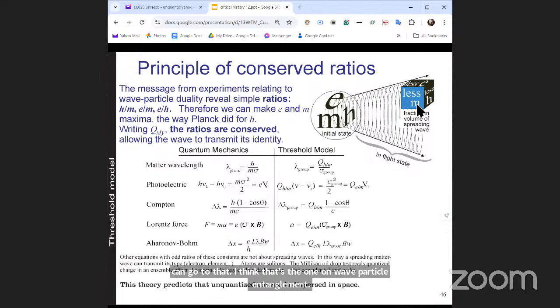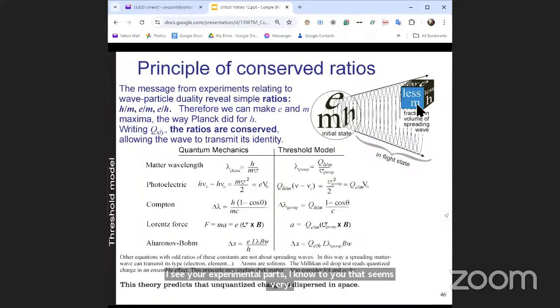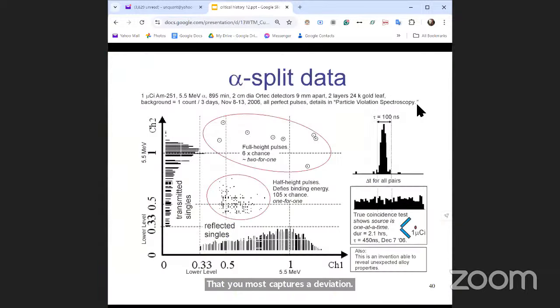But what I was going to ask you: I've gone through your stuff in quite a bit of detail before this meeting. When I see your experimental parts, I know to you this seems very strong and that you've got a solid thing, but I'm not quite getting the critical part that you feel disproves something that was seen before. Could you elaborate on what would be the single experiment that to you most captures a deviation from what's expected?